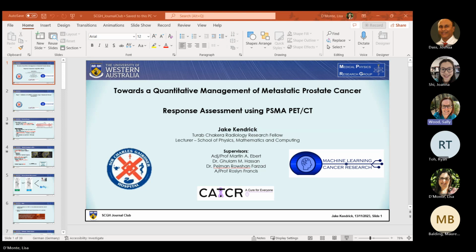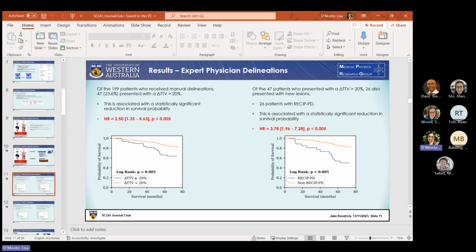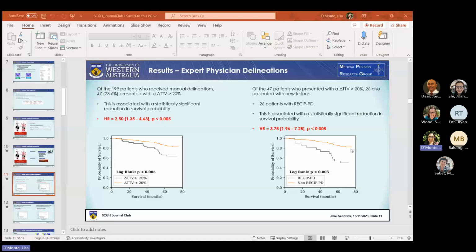Hello, that PowerPoint is not changing for the people online. Are you guys using that? Maybe you're sharing the wrong screen, potentially. It's just stuck on the first page. I'll stop sharing and I'll just share it again. So can you see that now?